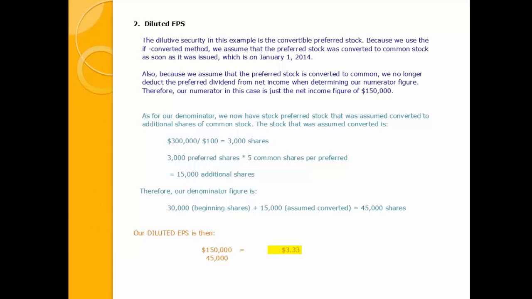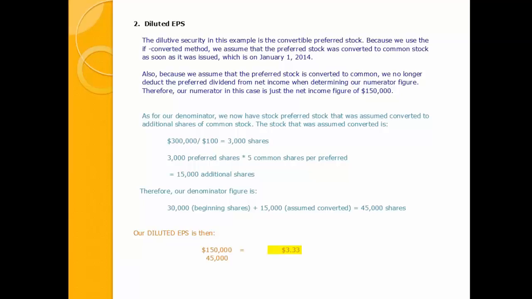Let's look at the conversion. The conversion is $300,000 divided by 100, so this is 3,000 shares of preferred stock. What we're saying is that each preferred stock can be converted into 5 common shares. So 3,000 preferred shares times 5 is 15,000 additional shares.